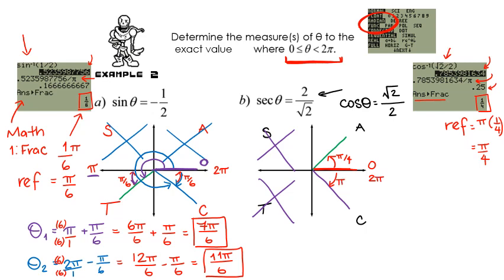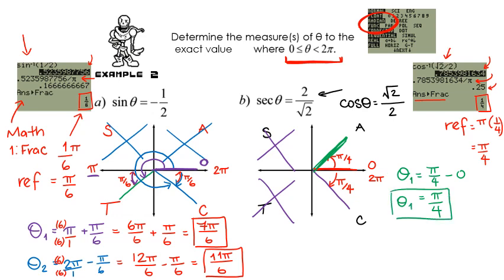So that reference angle, again, is still pi over 4. So our first solution, that terminal arm in quadrant number 1, all we have to do is take pi divided by 4, and then we just subtract 0 radians, which is still just going to give us pi over 4. So that's our first solution.